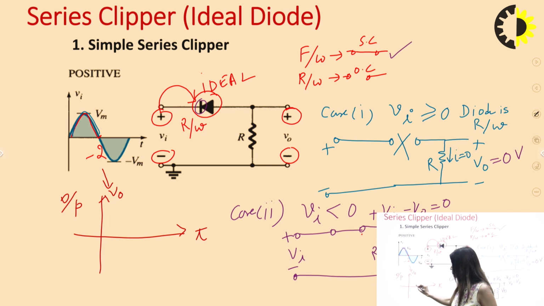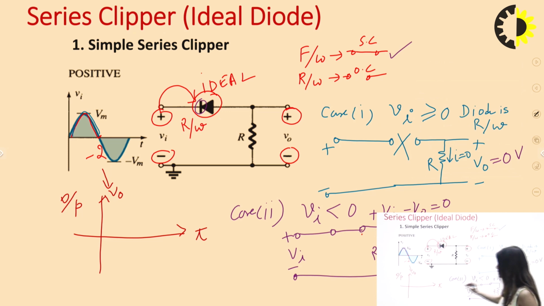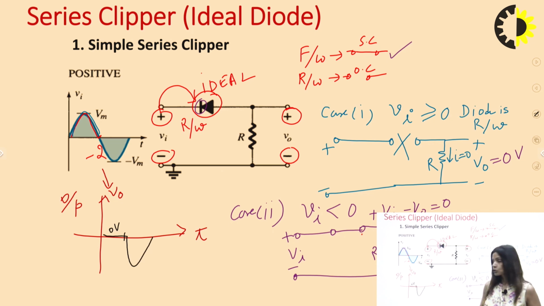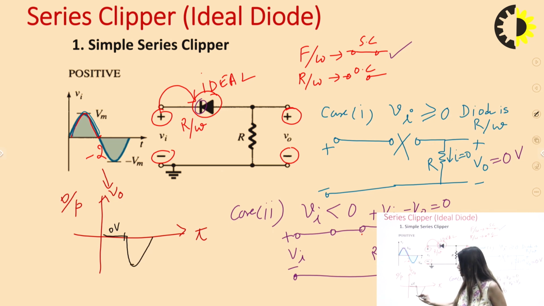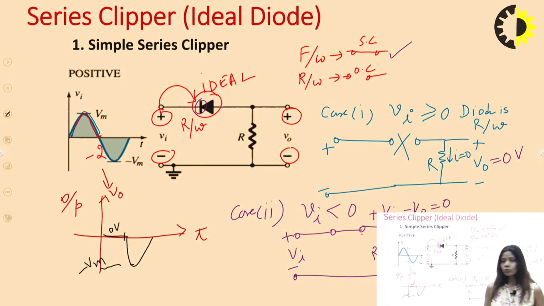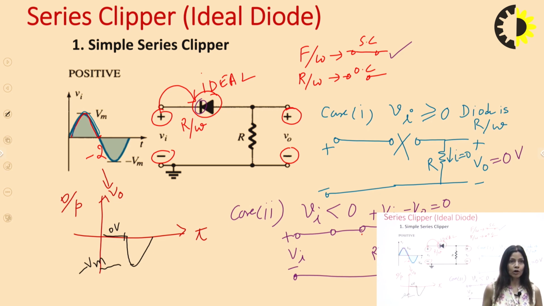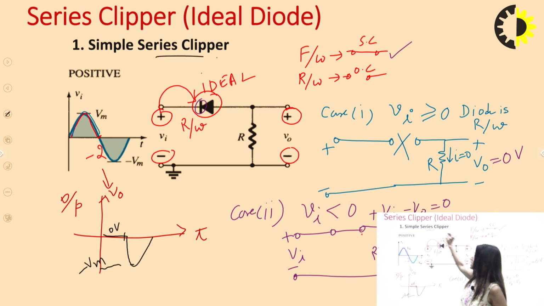For this part of the waveform, my output was 0 volt. And for this part of the waveform, the output is exactly equal to the input voltage. So this is my waveform, and this is minus Vm. That means the positive part of the waveform has been clipped off, and this is a simple series clipper.